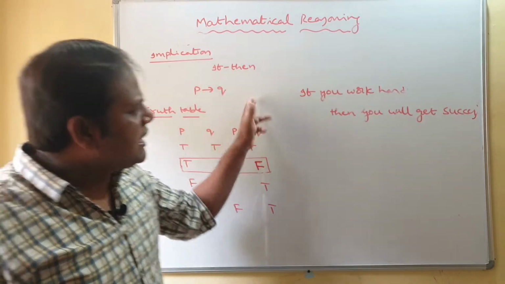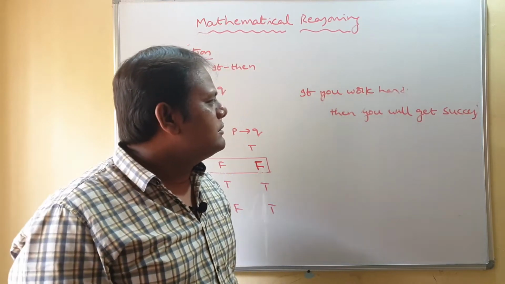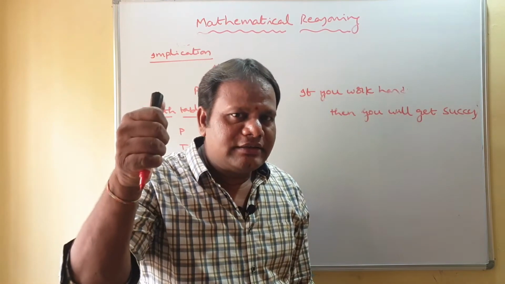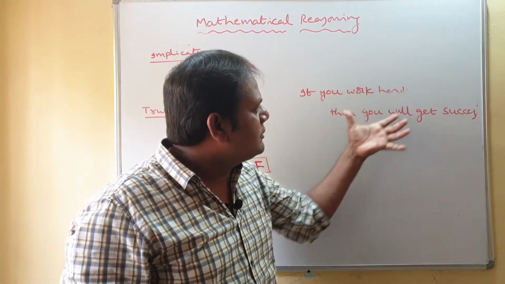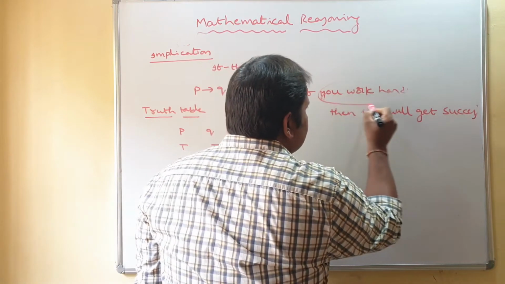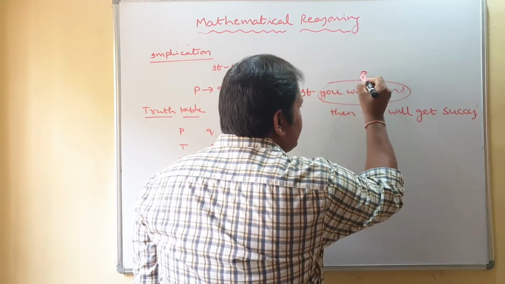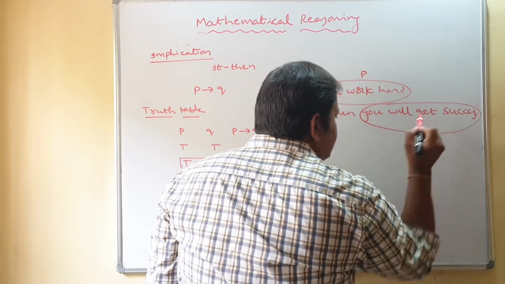Suppose I take one implication: if you work hard, then you will get success. Suppose this is P, and 'you will get success' is Q.